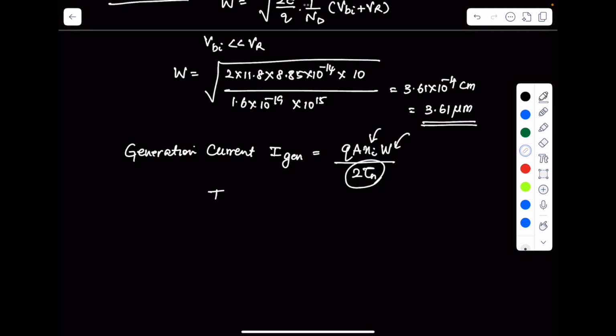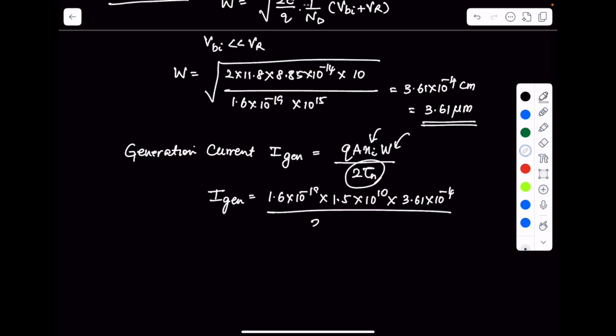And so you know these terms, so I can calculate the generation current to be 1.6 × 10^-19 × 1.5 × 10^10 × 3.61 × 10^-4 divided by 2 × 0.1 × 10^-3.